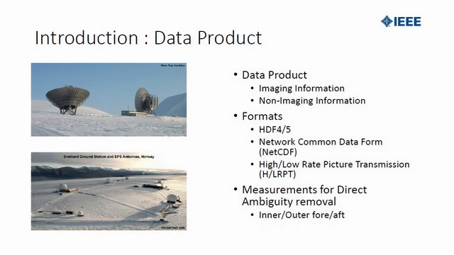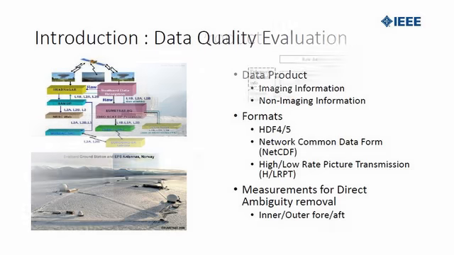Now our sensor has a very advantageous feature, that is direct ambiguity removal: inner fore, inner aft, outer fore and outer aft. We have a total of 4 measurements for a single point, that is beneficial.